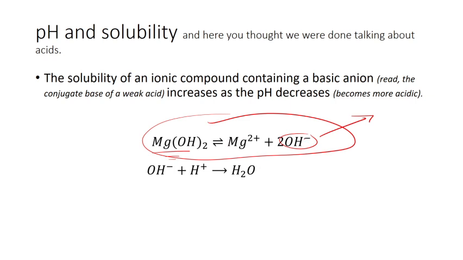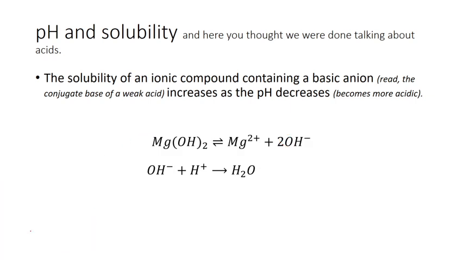And anytime you shift the balance of an equilibrium, you're going to move things in that direction. So if you're removing products, you're going to shift the equilibrium in the direction of products. So you can dissolve more magnesium hydroxide in an acidic solution.